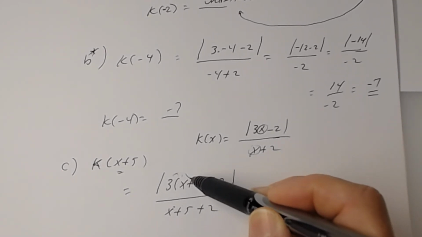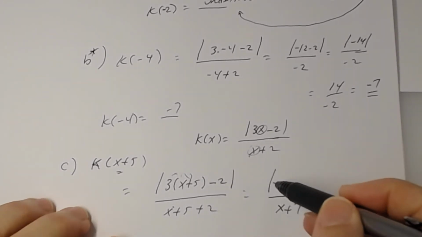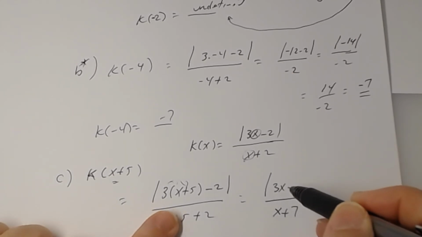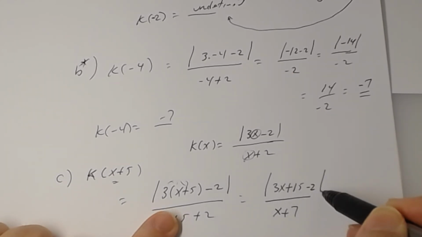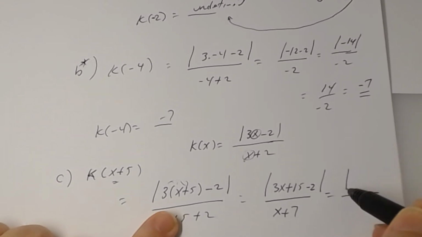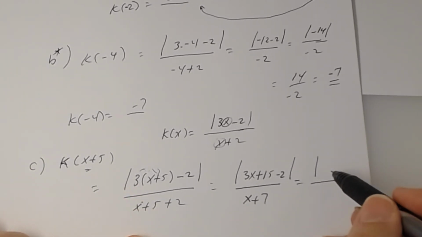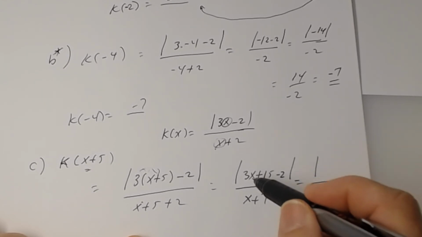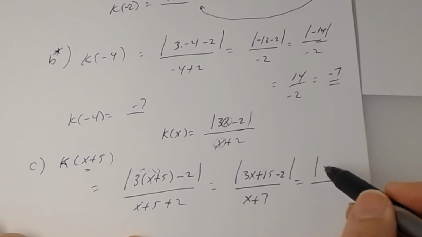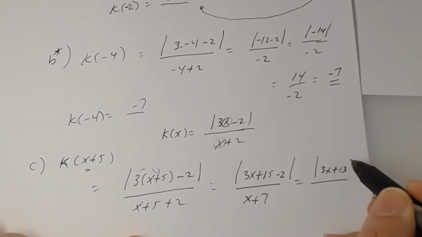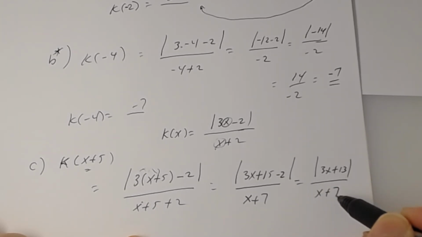Distribute. Very good. So that becomes absolute value of 3x plus 15 minus 2. So that becomes absolute value of what expression? 3x plus 13, so you combine like terms, over x plus 7.